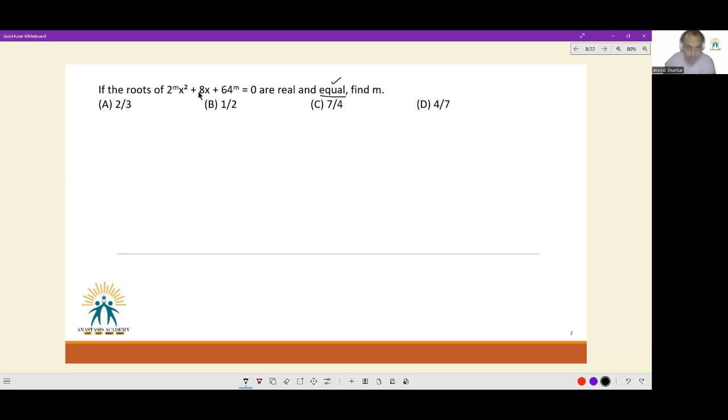So let's go ahead. Discriminant here will be b square, which is 64, minus 4 times 2 raised to the power n into 2 raised to the power 6n. This is equal to 0.